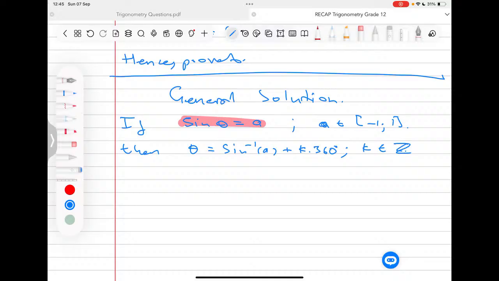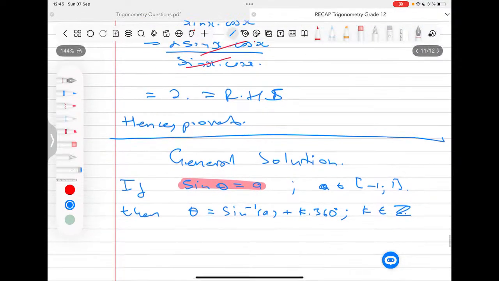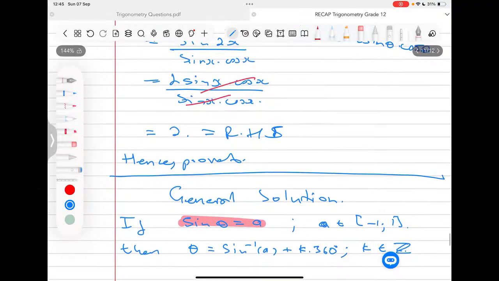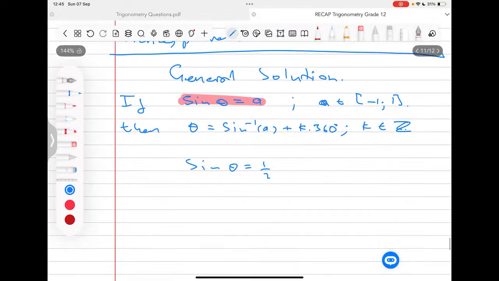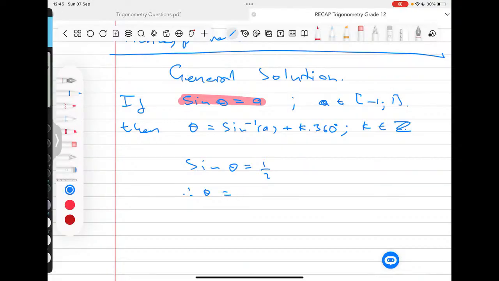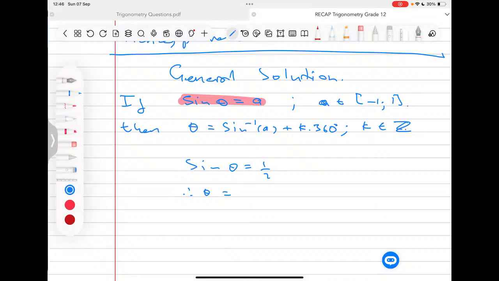Now, this is to say that if maybe you were solving a problem where you end up having the sine of theta is equal to, let's say, 1/2. So this means you're going to say this is equal to the sine inverse, right? You'll go to a calculator and say sine inverse is going to be shift of 0.5, which is 1/2, and this will give you 30.